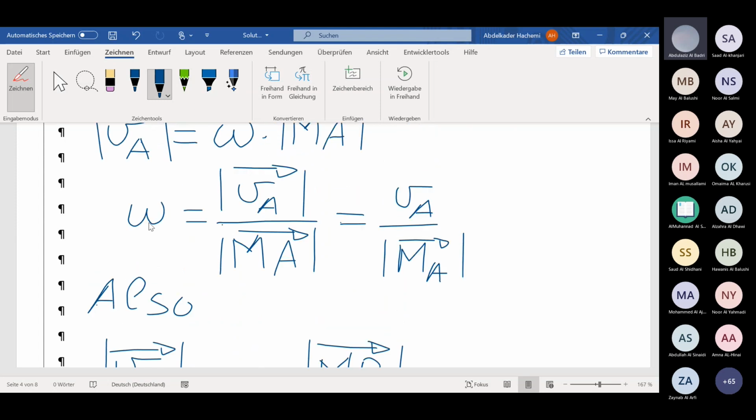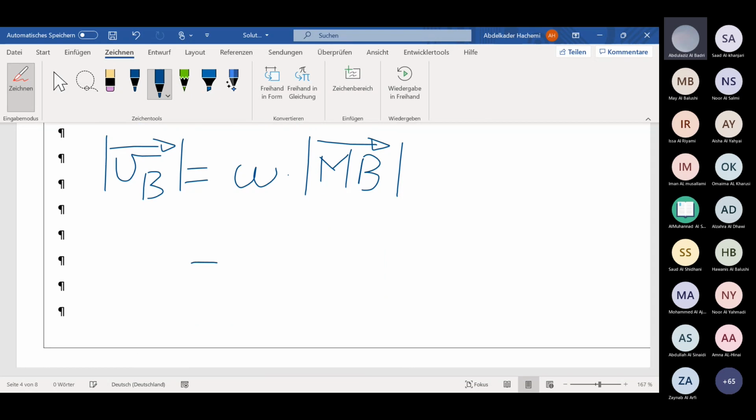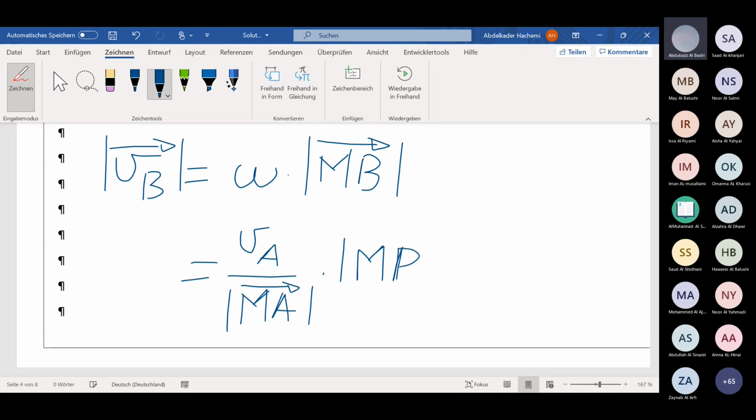If we replace omega by its value, then we get VB, it's only V divided by MA multiplied by the magnitude of MB.